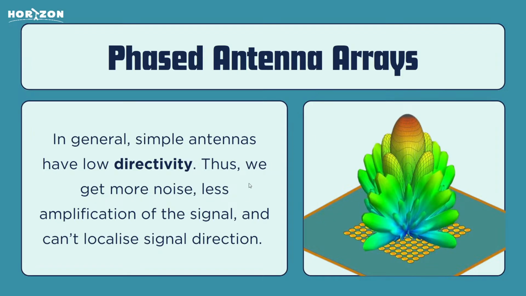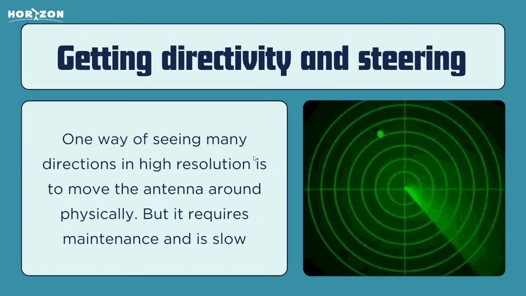Say, even if we are able to make such an antenna, then another problem arises: what if I want to look at any other direction other than that particular specific direction? So one way of doing this is how old navy ships used to do this. You would have seen this right hand side diagram in some movies or some pop culture reference somewhere, and it basically reflects how a radar would spin around with a huge motor on top of a navy ship, for example, to locate a small source, which may be a fighter jet.